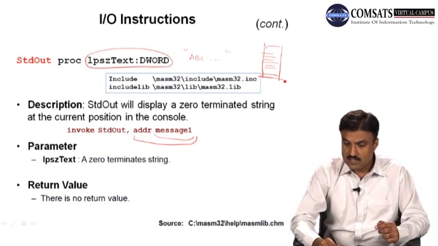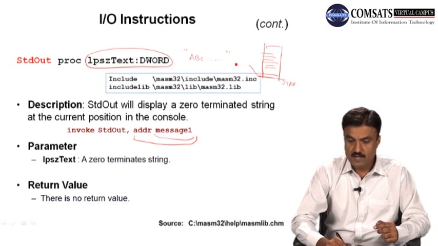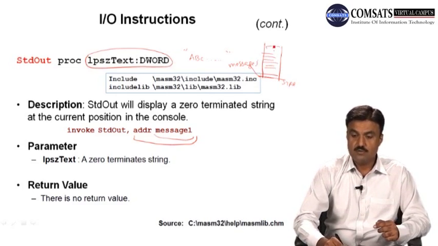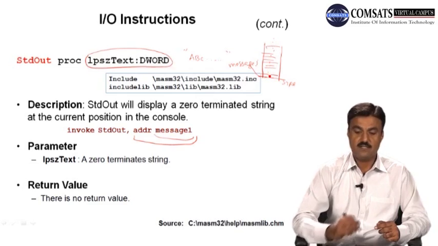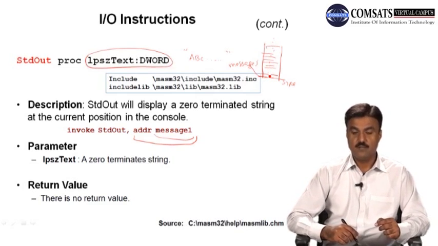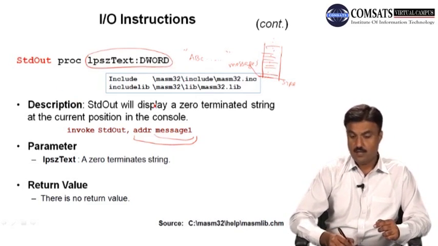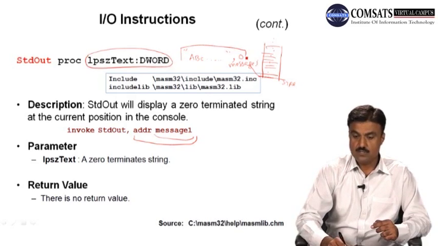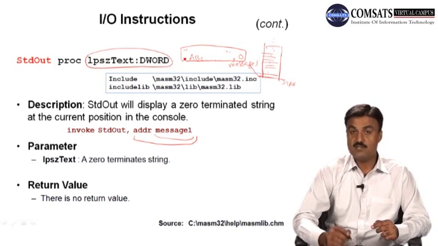We are only passing the starting address, which is identified by the name of this buffer, called message 1, and we don't know the exact length of message 1. So what do we do? We define 0 at the end of this buffer or message area, whatever the message is. So it is called a 0 terminated string.